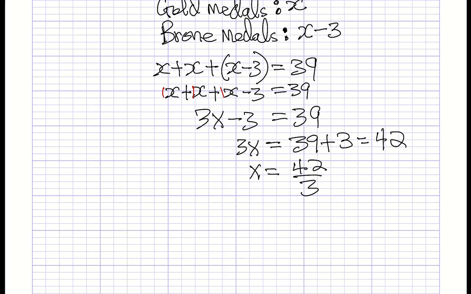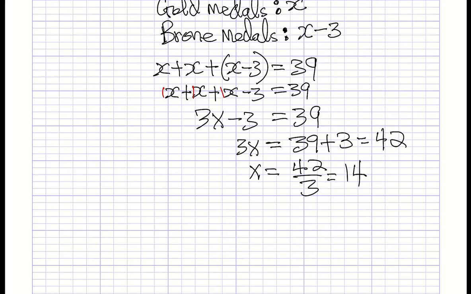You see that, right? I hope you see that. So if you do that, what is 42 divided by 3? 3 into 4 is 1, 3 into 12 is 4. So it's 14, right? All right.